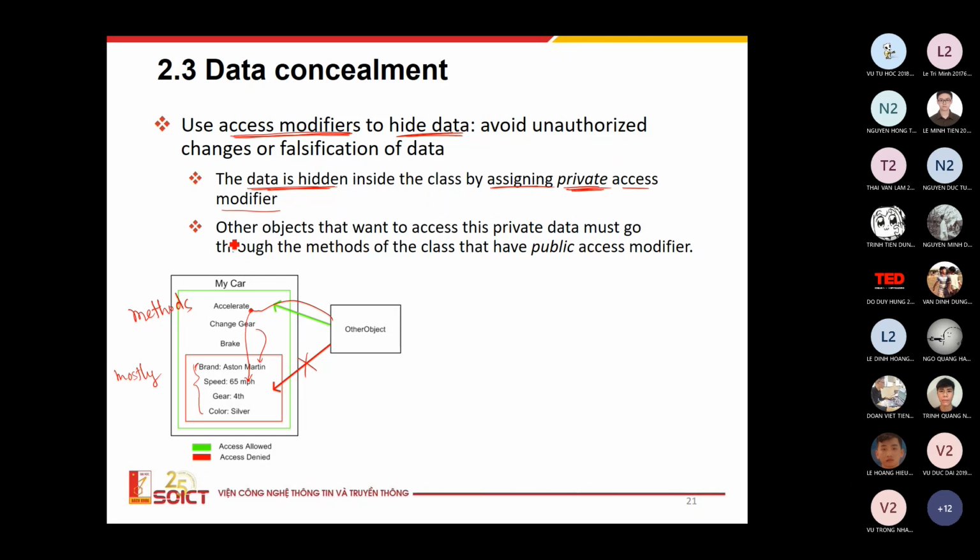Yeah, so here I say that another object that wants to access this private data must go through the method of the class that has the public access modifier. So by this way, you can hide the data, or you can hide the property or the attribute from the outside.